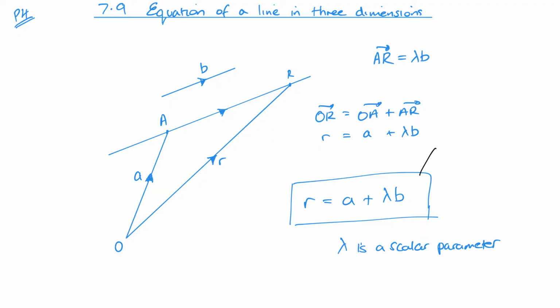Now sometimes this vector b here is known as the direction or directional vector, because if you think about it, I want to find out what this position vector of R is to this random point along my line, and I go from the origin to A, and then I go in the direction of b, which is why this is known as the direction vector.